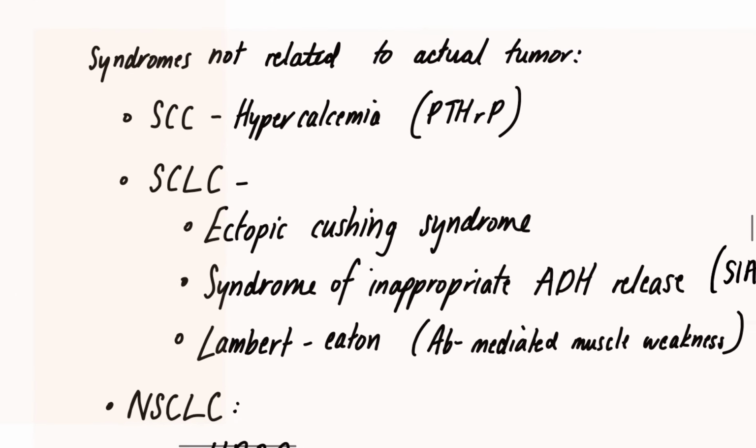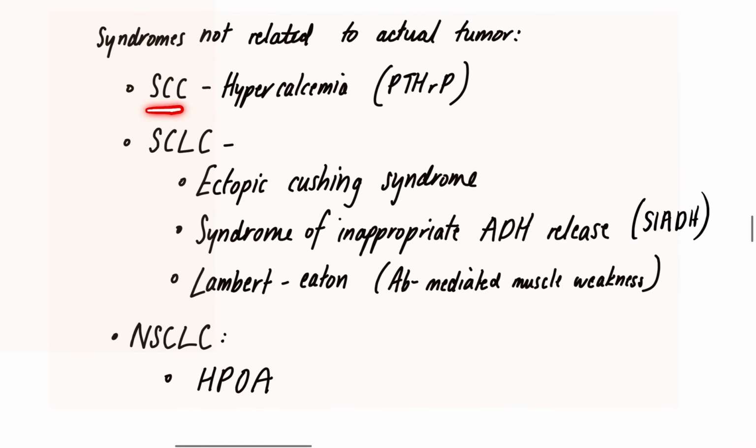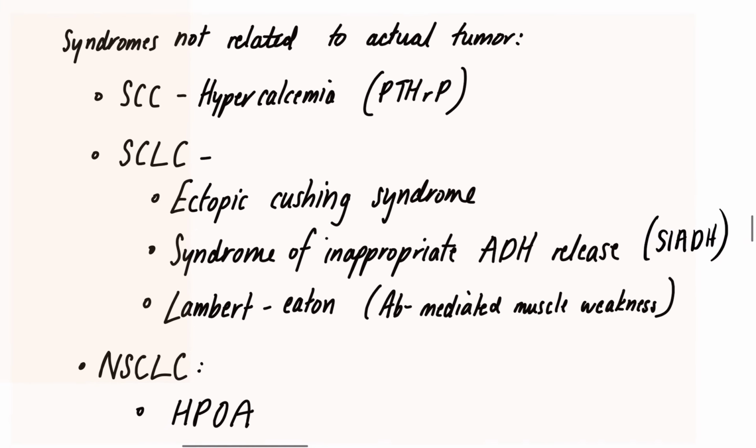So in squamous cell carcinoma, the tumor cells themselves can cause ectopic production of parathyroid hormone, which leads to hypercalcemia. And this can lead to a bunch of different symptoms, like kidney stones, confusion, constipation, and lytic lesions in the bone, causing bone pains.